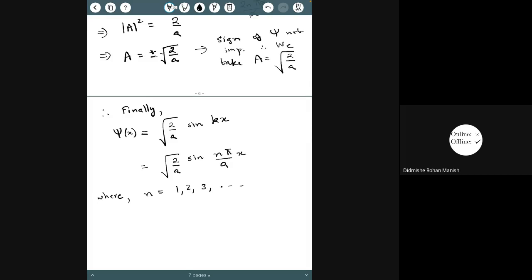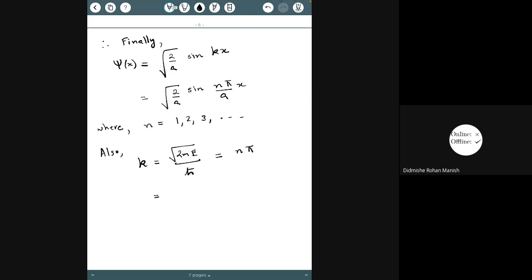And what tells me the energy? So we found a condition on k, which was that k is equal to root of 2mE by h cross, which is equal to n pi by a.